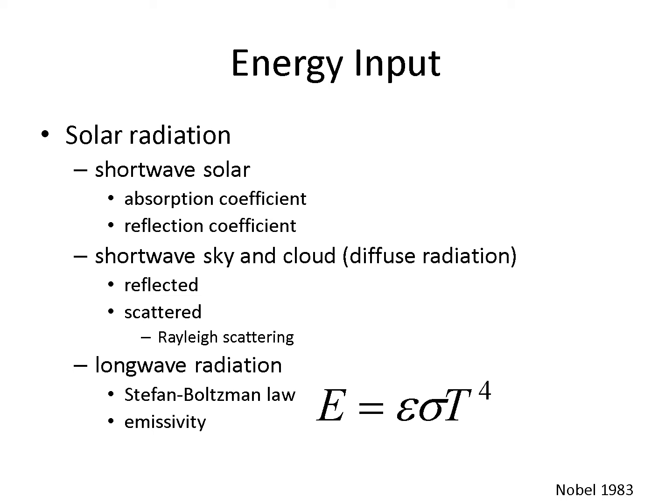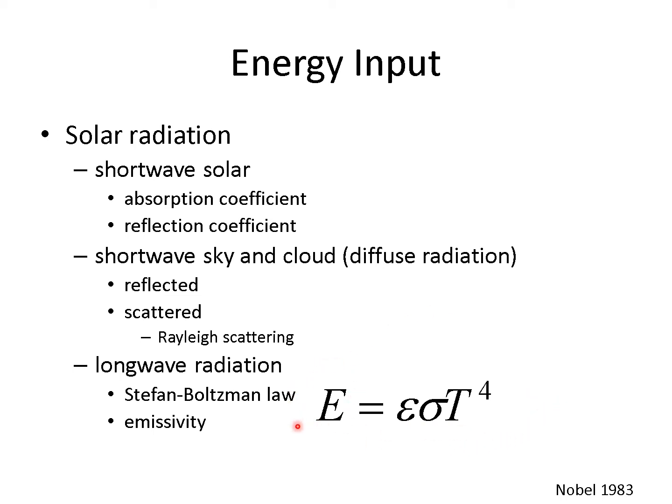The amount of long-wave radiation, which is symbolized by the big E here, emitted by an object is described by the Stefan-Boltzmann law. So this is the equation that describes the Stefan-Boltzmann law.